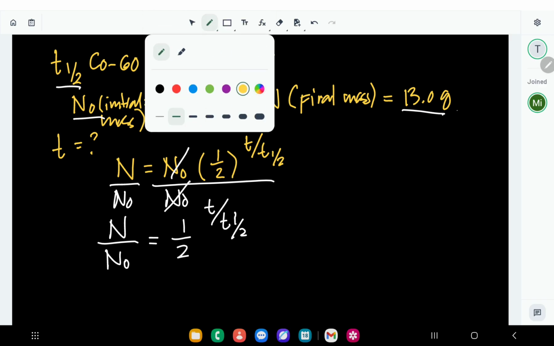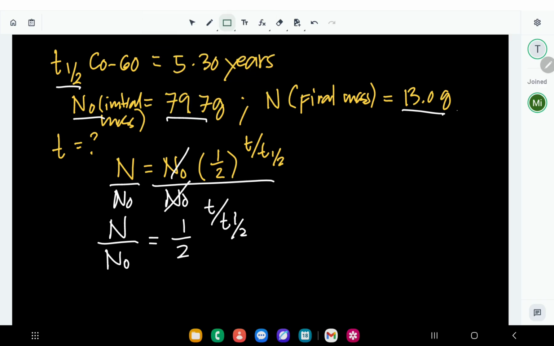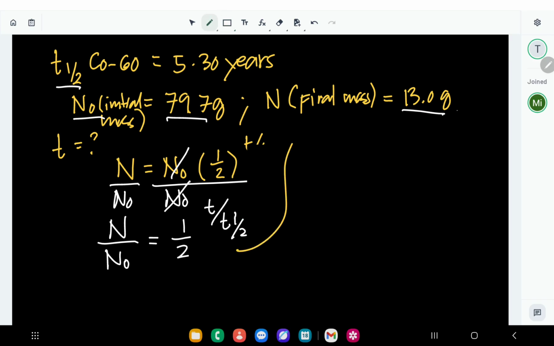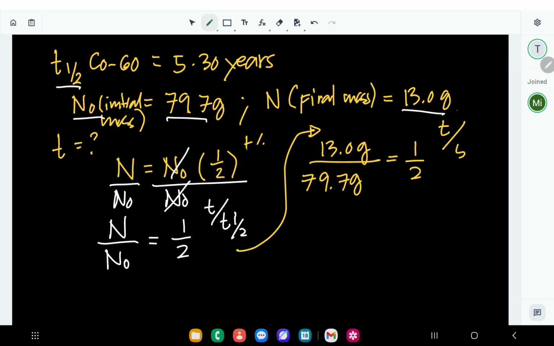Now we can plug in all the values. n is 13.0 grams and n sub 0 is 79.7 grams, equal to 1/2 to the t, we don't know t, that's the missing, over the half-life, 5.30.